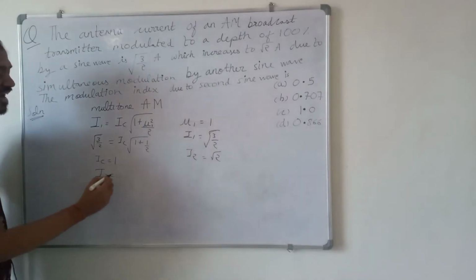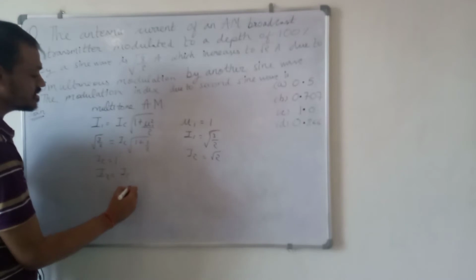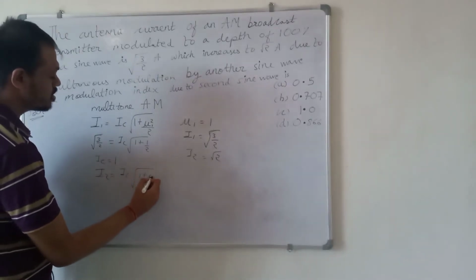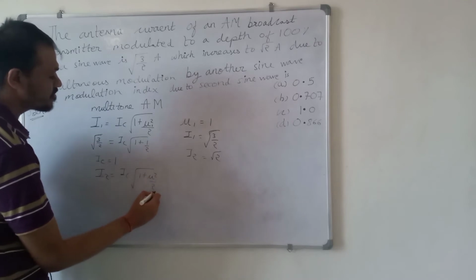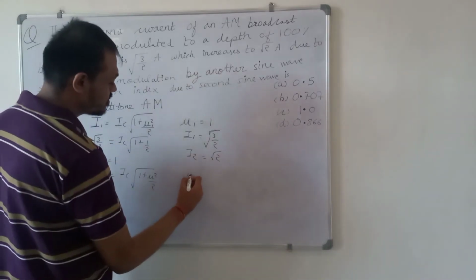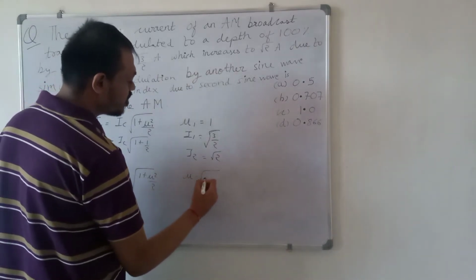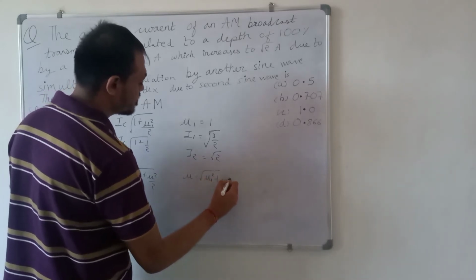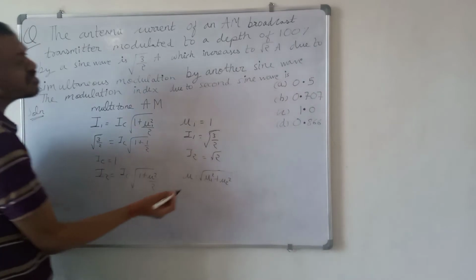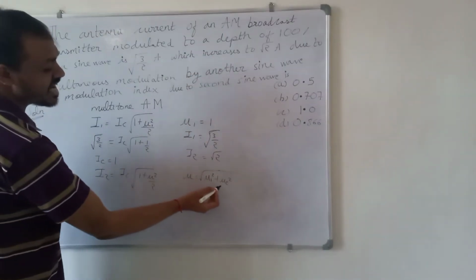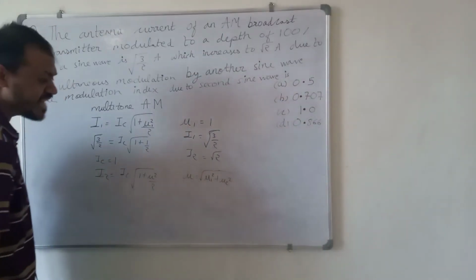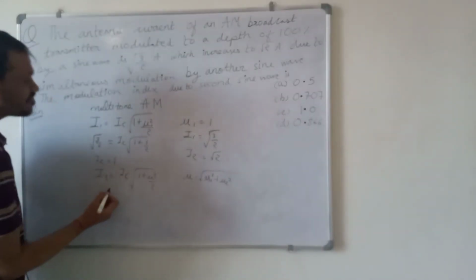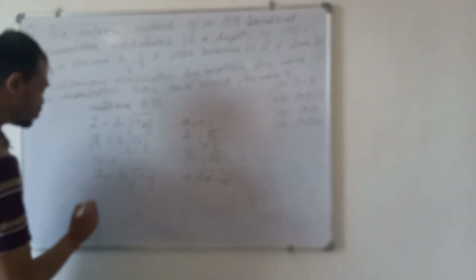The formula for current I2 is IC times the square root of 1 plus mu square by 2, where mu is the square root of mu1 square plus mu2 square. Mu1 is the modulation index of the first sine wave and mu2 is the modulation index due to the second sine wave. So again IC will remain 1 and I2 is given as root 2.